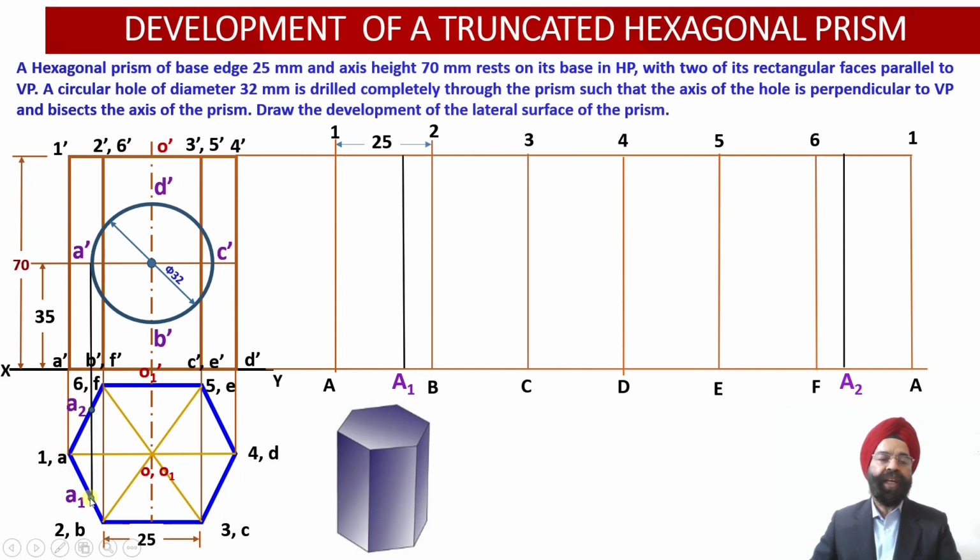Now we have evaluated the distance of point A1 from point A, as we are going to proceed from the point A to point B alongside the edge AB over here into the front face of this particular solid. So as we move from point A to point B onto the front side of the solid, once we have measured this distance A to A1, we'll mark this distance over here.